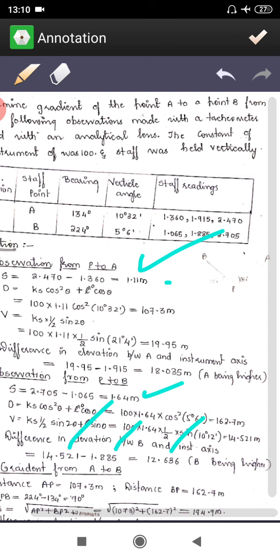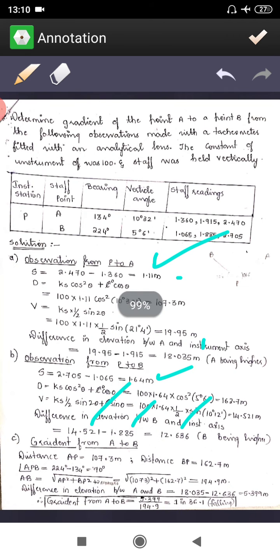Now the gradient from A to B is, so you can have, right, bearing is given, you can have the square root of the values what we have got, and you can get the bearings, you can get the gradient there.